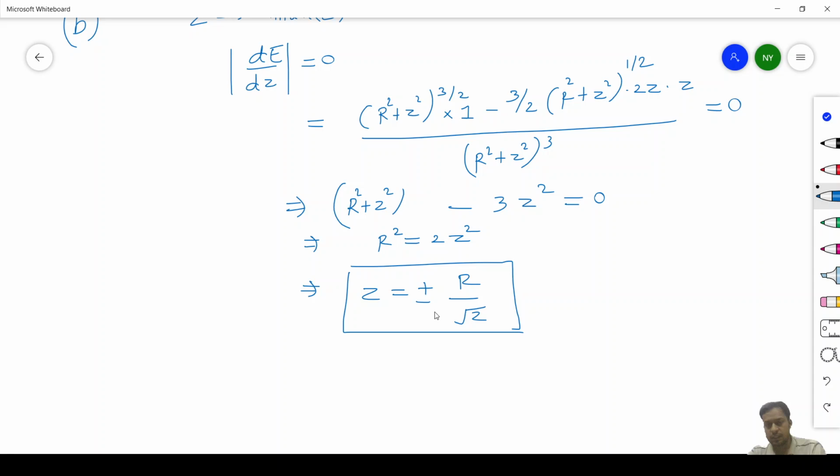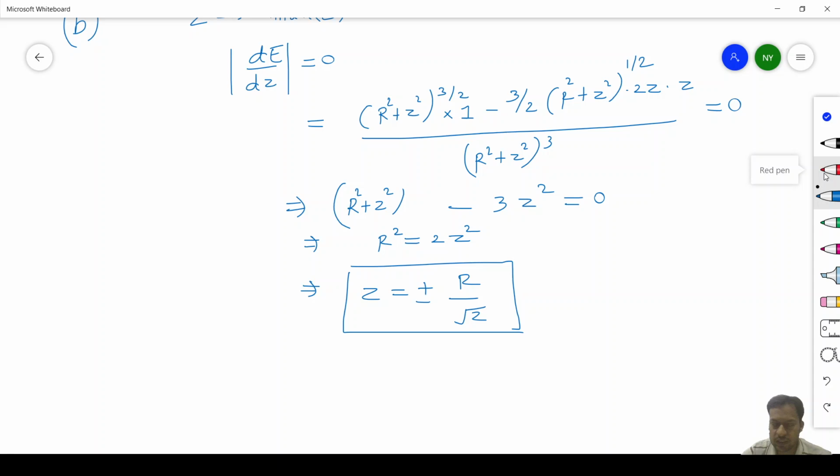Also, it is given in the question that the charge is uniformly distributed. So suppose the total charge is q. Now we are discussing the C part.